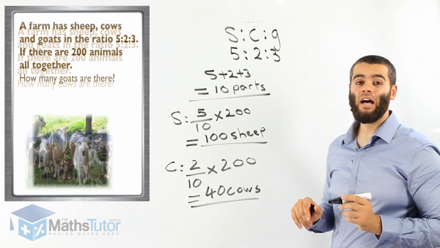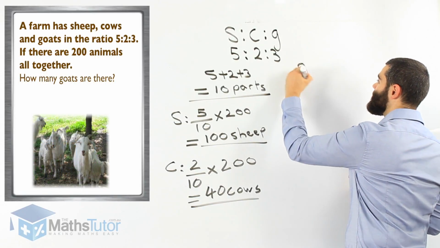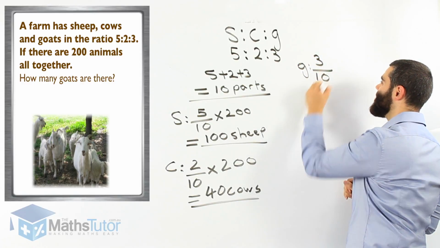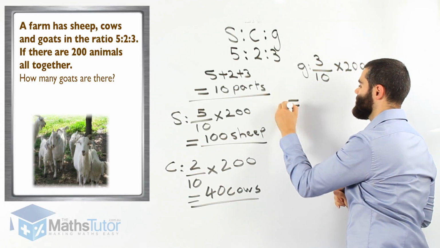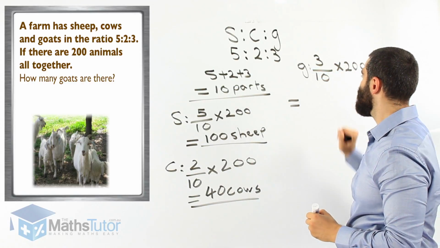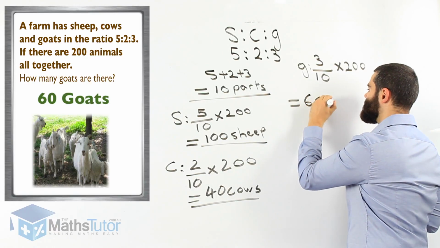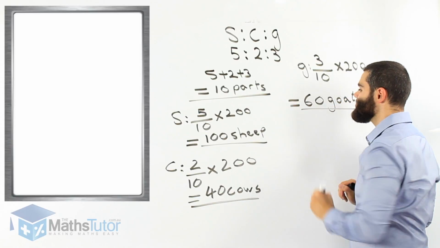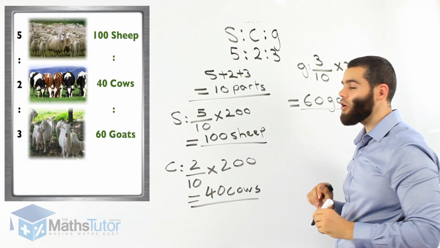And lastly, we are asked how many goats there are. The goats are 3 parts out of the 10 total parts, times 200. There are 60 goats altogether.